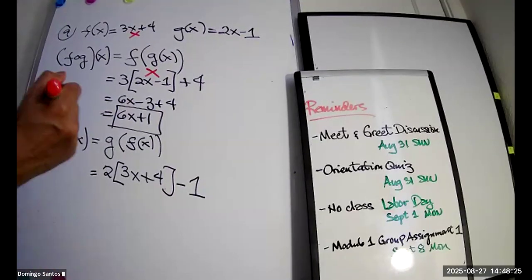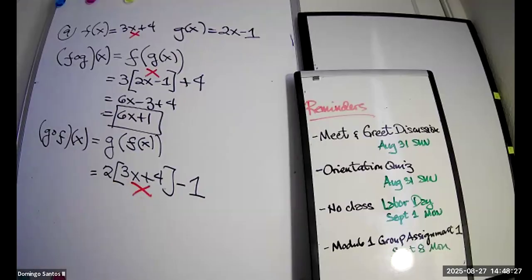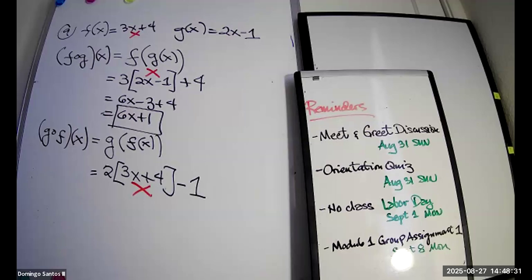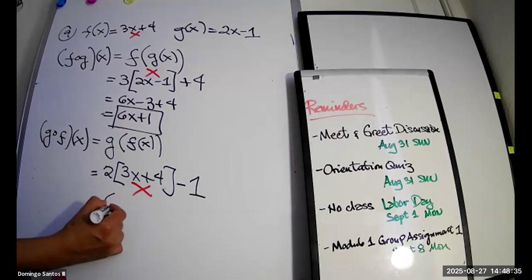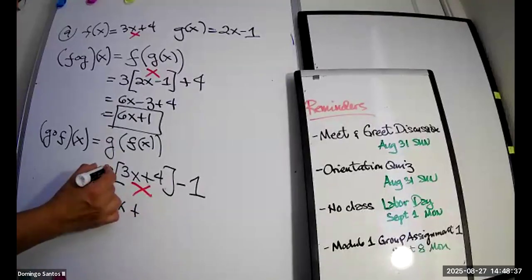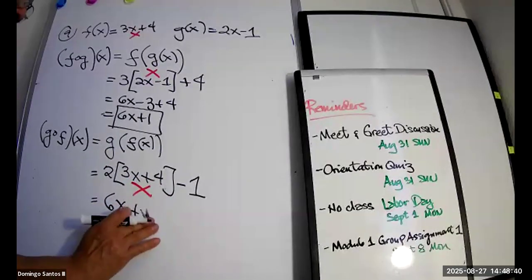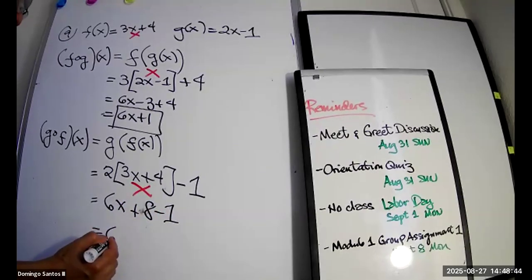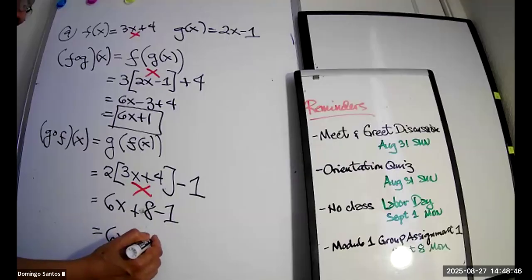Again, you may want to think of this as one big x. So this equals 6x plus 8 minus 1, which is 6x plus 7.